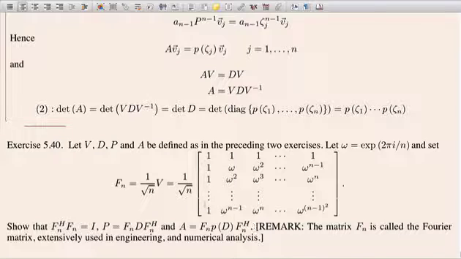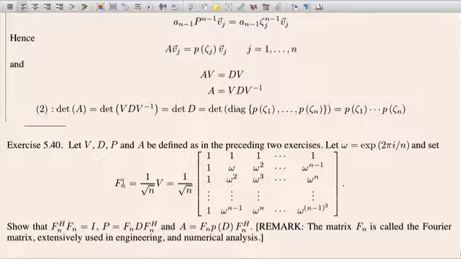Finally, let me mention without any proof that using the V, D, P and A matrices defined before, and now using yet another notation for the roots of unity, sometimes omega is used as the first of these nth roots. That means e to the 2 pi i over n.